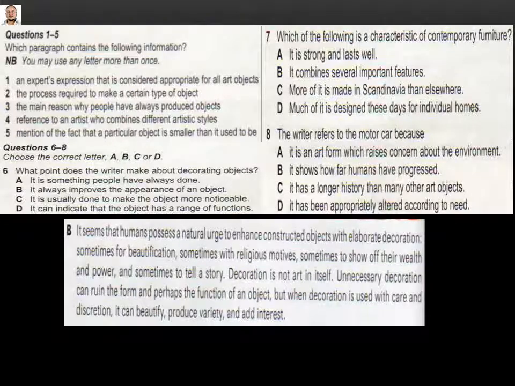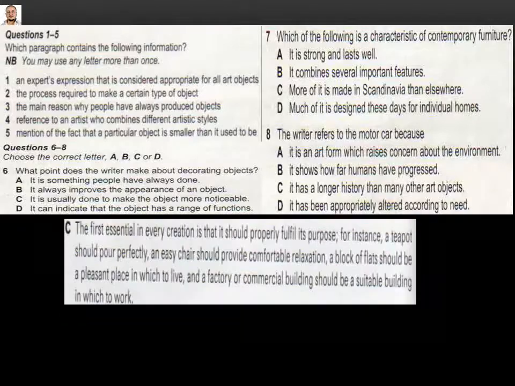Number 6 we have already chosen A and we gave the reason. Number 7 doesn't talk about the choices of number 7. And number 8 about the motor car, no, it doesn't talk about the motor car. So B is an extra one. We don't need it for our answers. Don't forget, we don't need it for our answers.